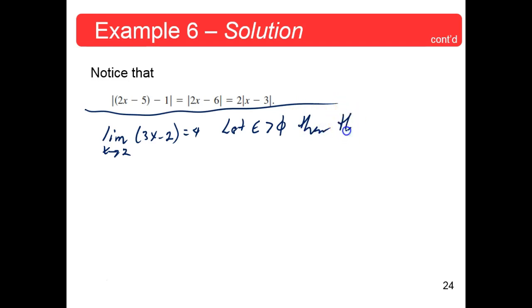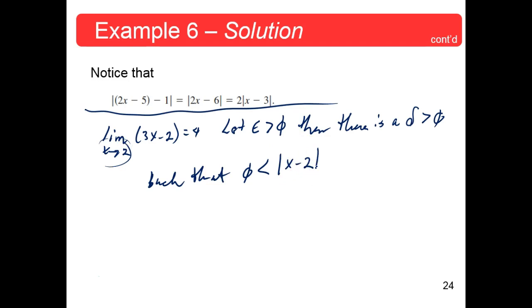Then there exists a delta, also greater than 0, such that for any x, they put the delta first, such that 0 less than the absolute value of x minus 2, and it really doesn't matter which order you write them because it's absolute value, is less than delta, anytime the absolute value of 3x minus 2 minus 4, that's the function minus the limit, is less than epsilon.